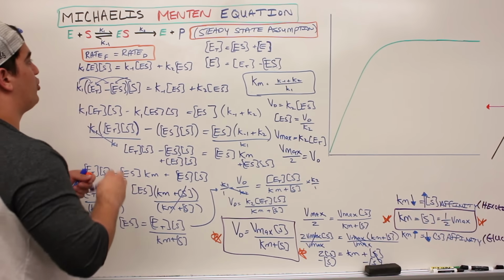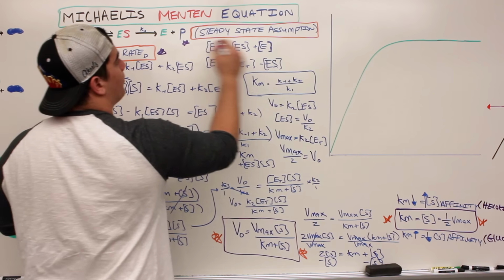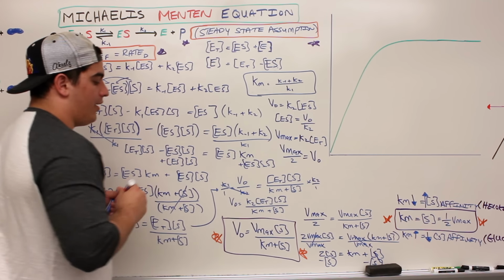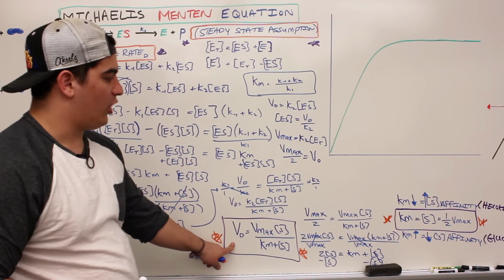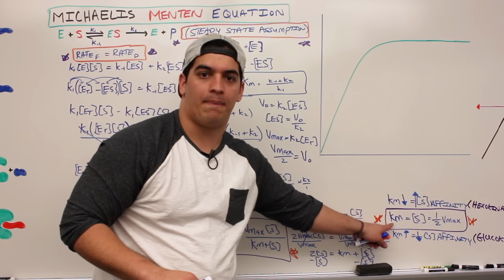Again, these are another two big concepts to get out of all of this. And then to understand how we get the Michaelis-Menten equation and the relationship of the Michaelis-Menten equation with Km.